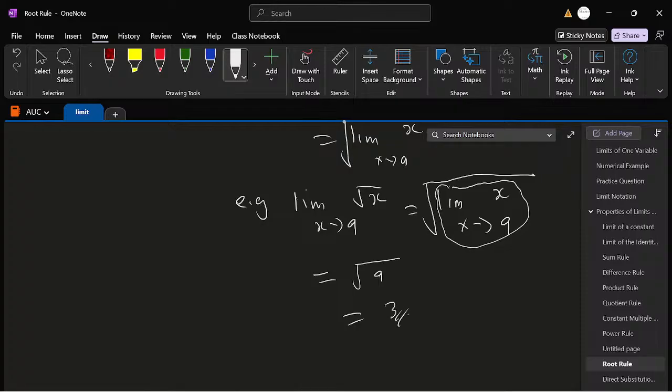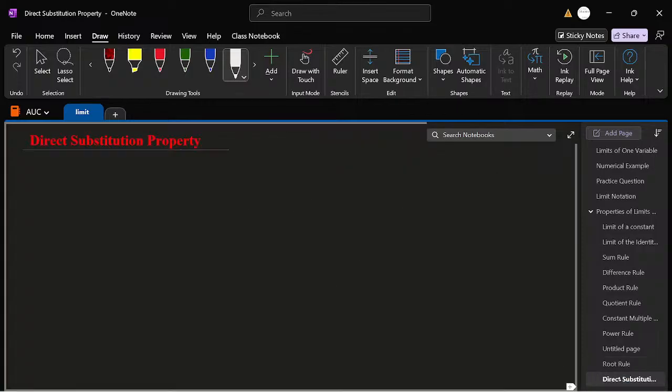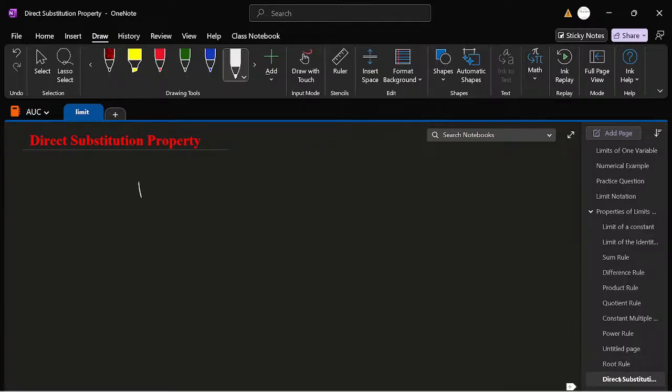Let's look into another one. In this case, this will be a direct substitution. Let's say you have a polynomial, for instance.